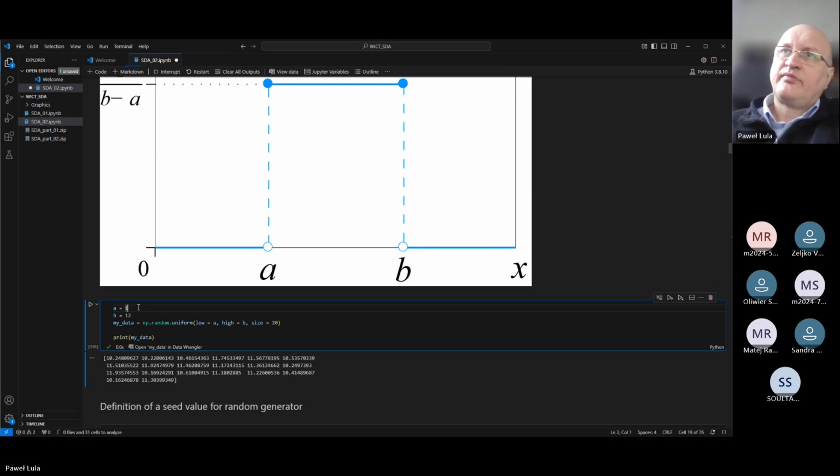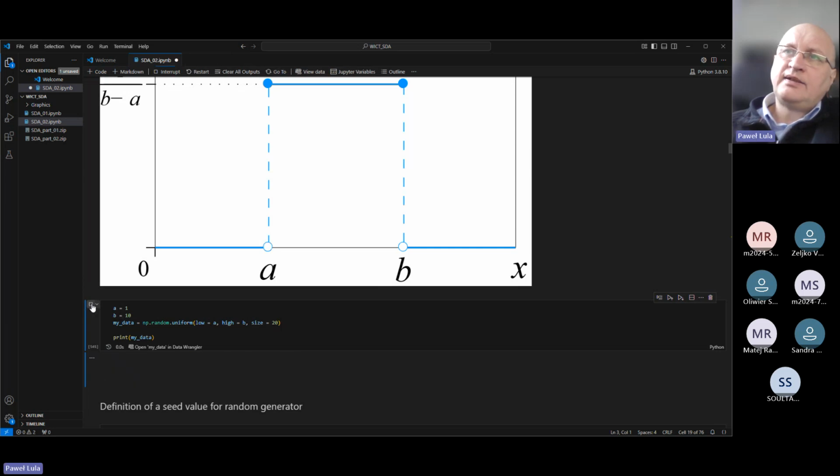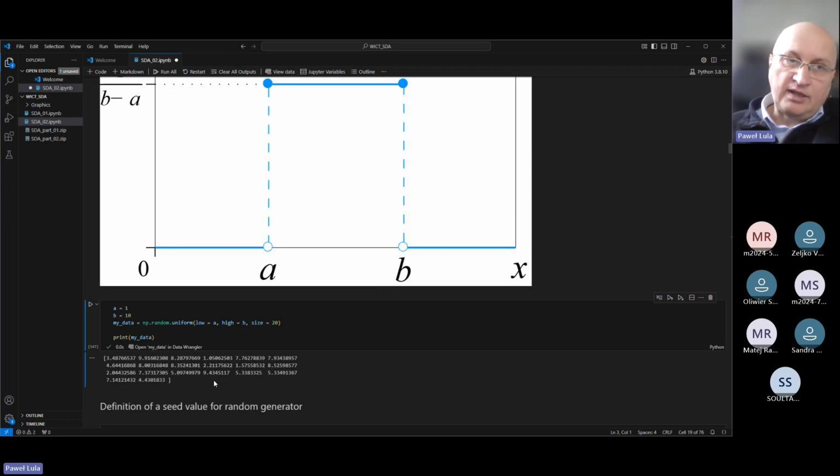I can change values defining the limits. And we see that during every execution, we can get a different set of data. Of course, you can run this program on your computer, and data which will be generated on your computer will be different than data which I obtained on my computer.